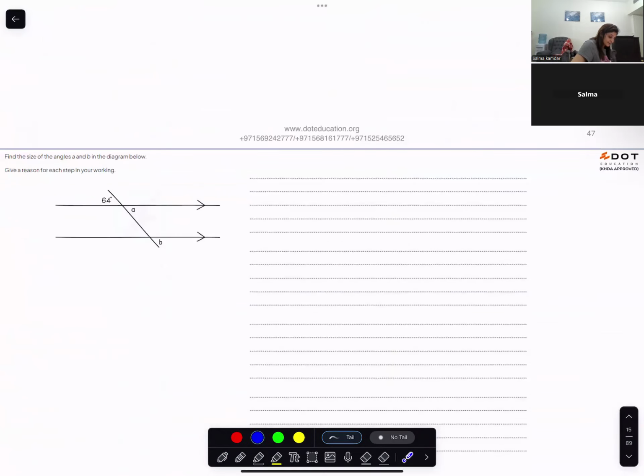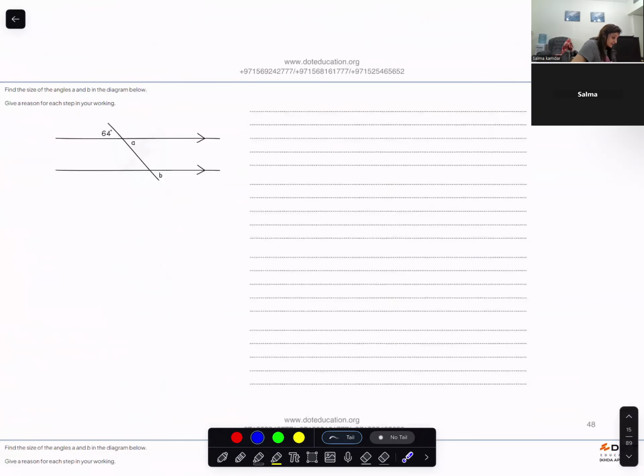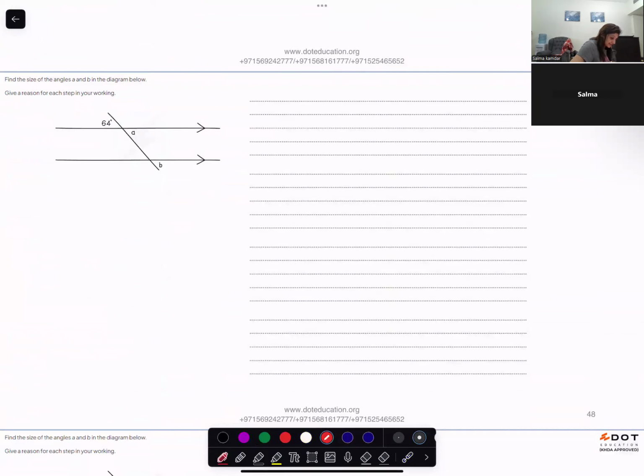Let's take this example, and they want reasons in each step. You have two lines given to you, and you have a transversal, and you need to find the value of A and B. You know these both are vertically opposite angles.